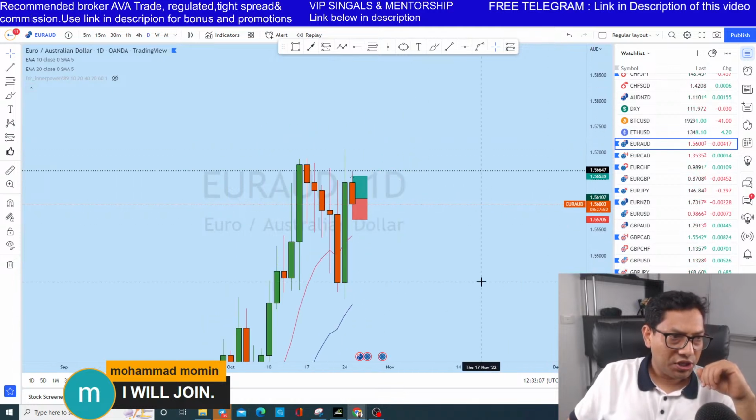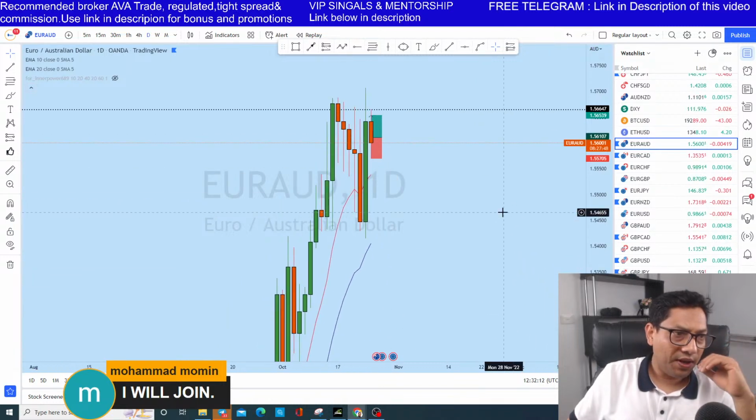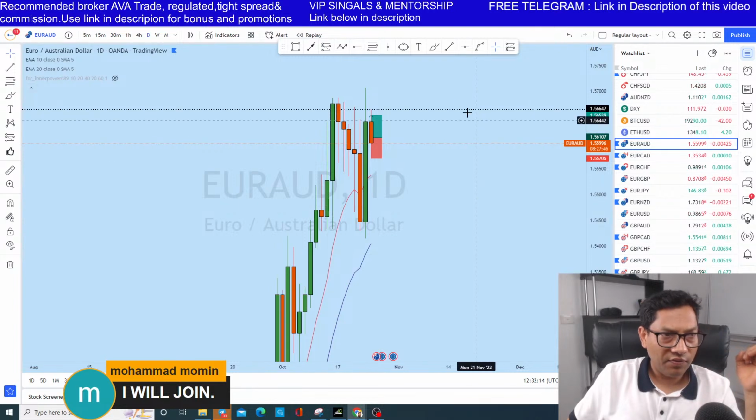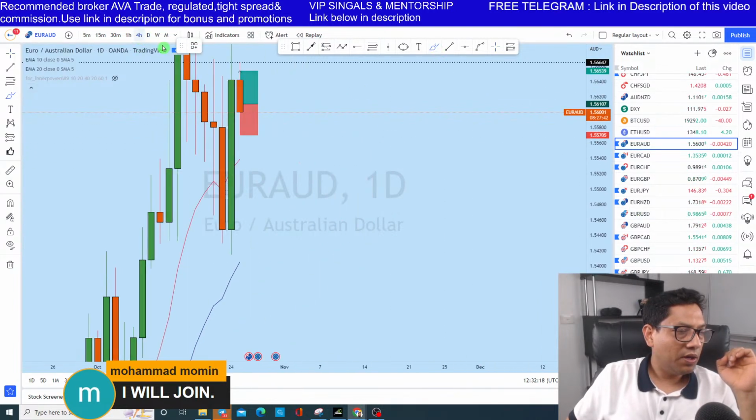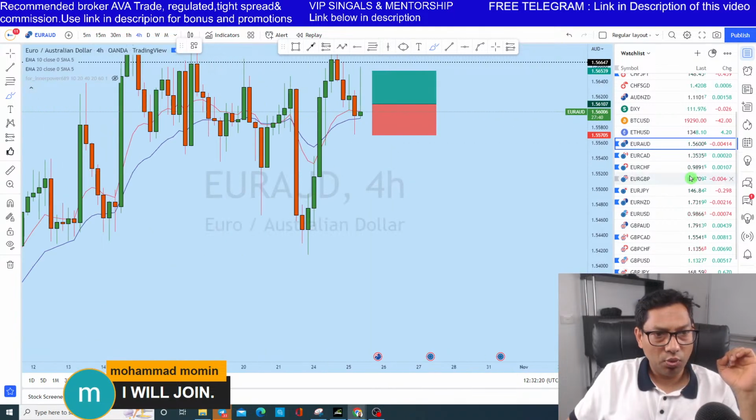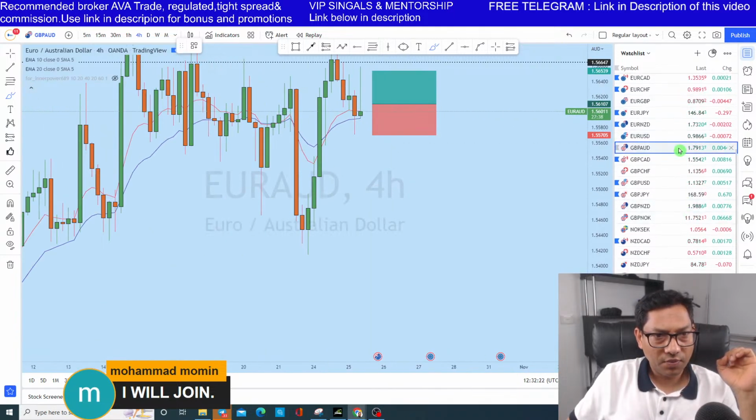Now with that bullish engulfer, it could be a fake move too. Everything is possible in trading, but the way the price action is formed, to me it's bullish. Let's see what happened.